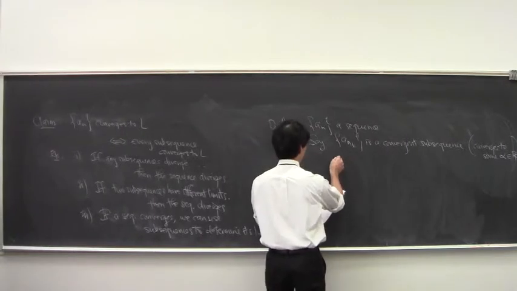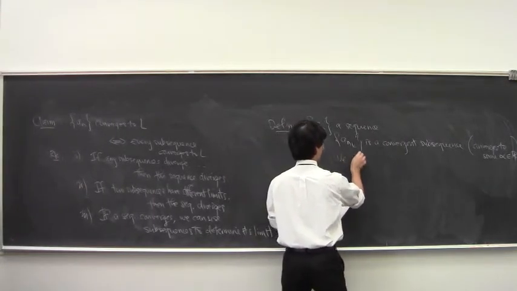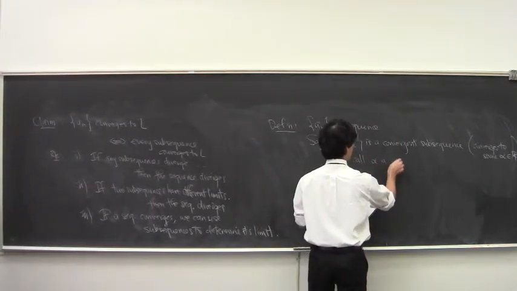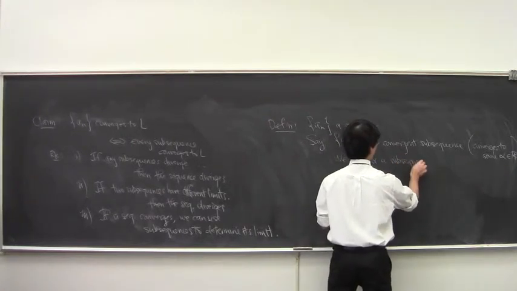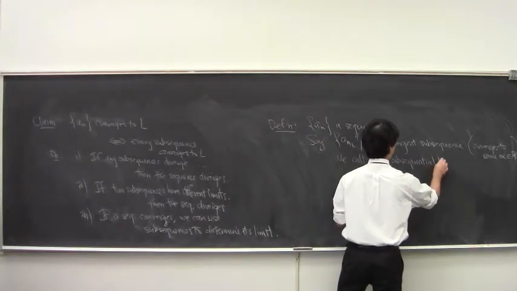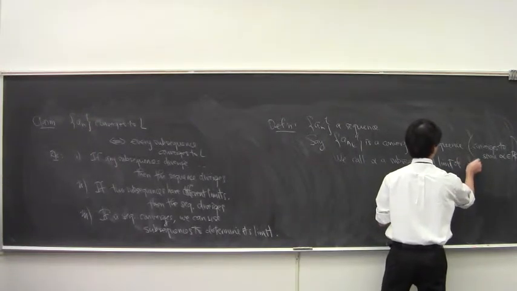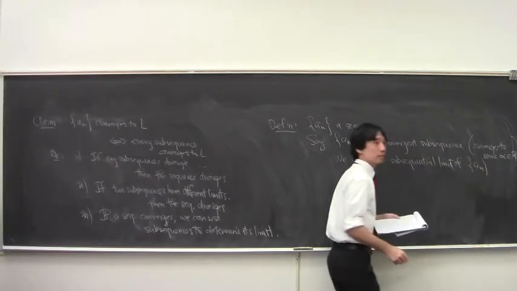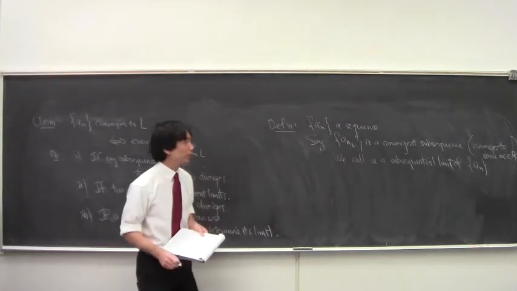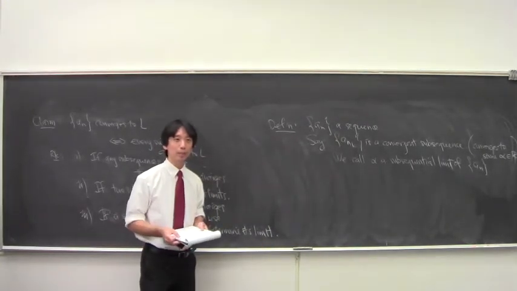Okay. Then we call alpha a subsequential limit of the sequence. Okay. So it's just a limit of a subsequence.